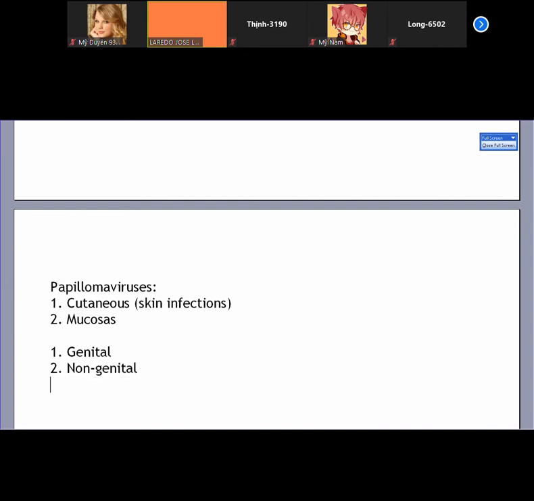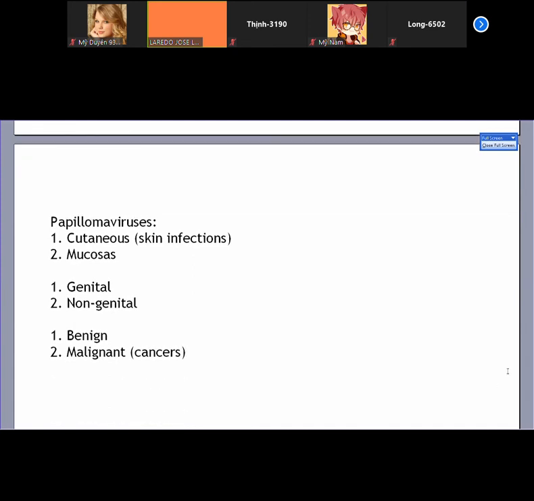And these infections may be either benign or cancers, malignant. And all combinations are possible, okay? So skin or mucosas, genital or non-genital, benign or malignant.